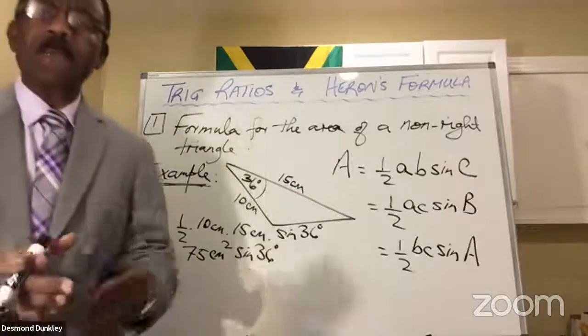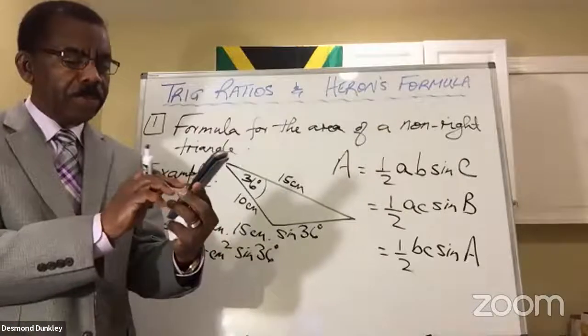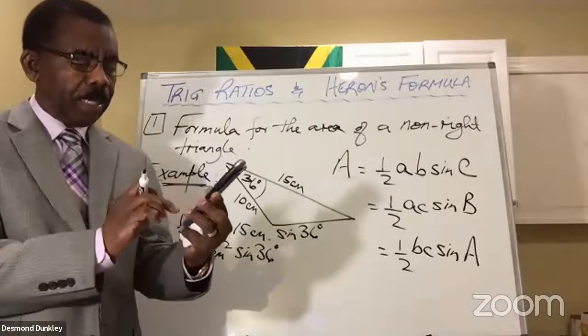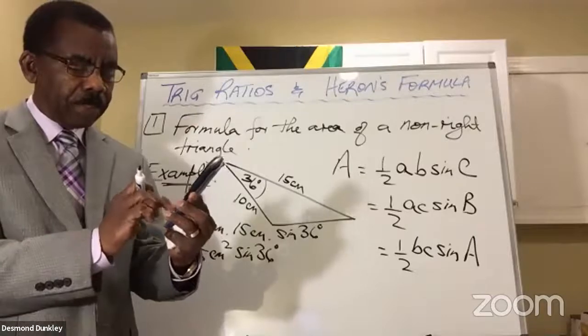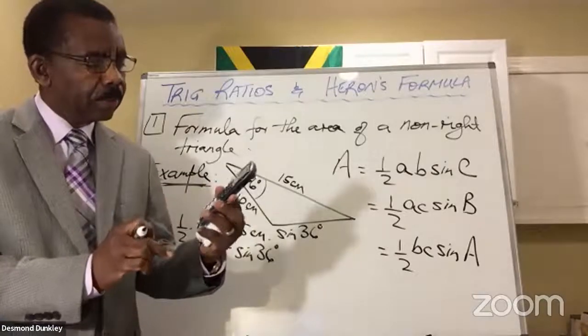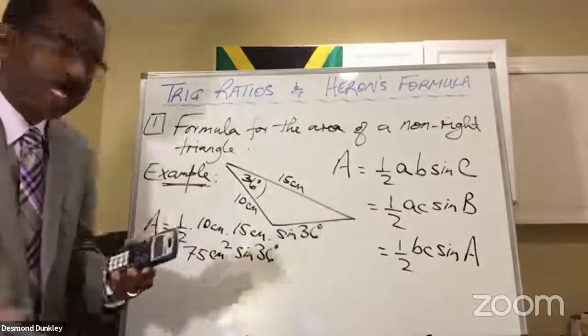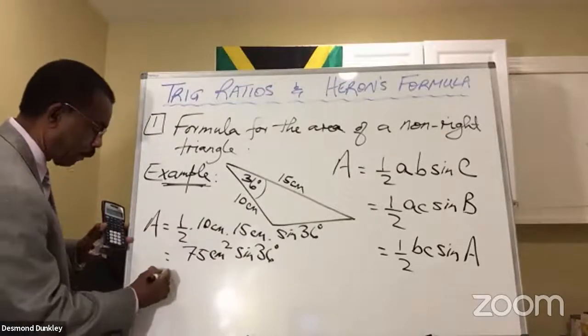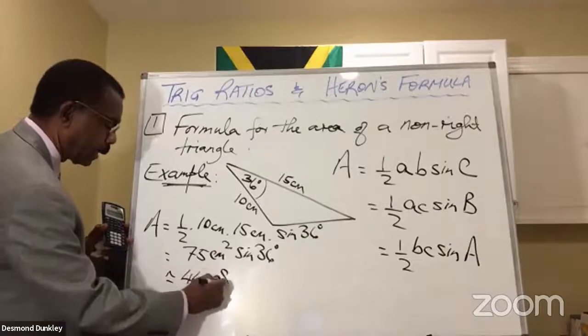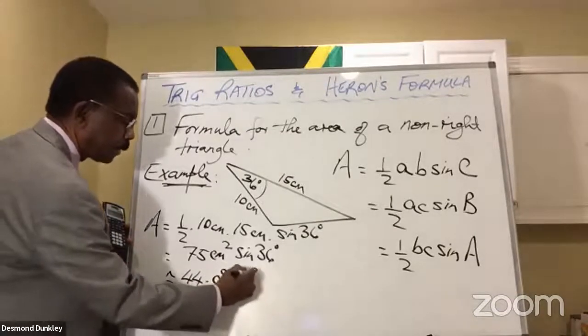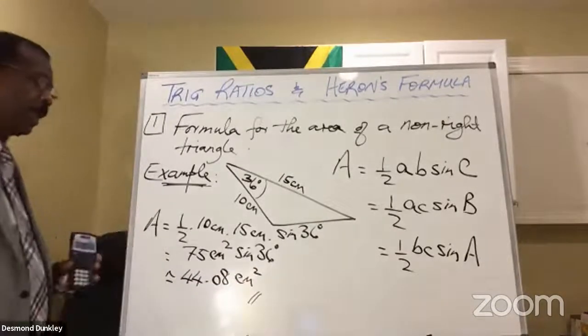So we take our calculator and let the calculator do the work for us. We end up with 75 times the sine of 36 degrees equal to 44.08 to 2 decimal places. So that's approximately 44.08 centimeters squared. And that's it.